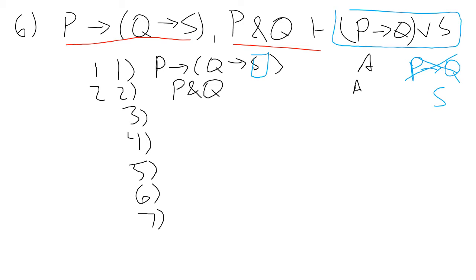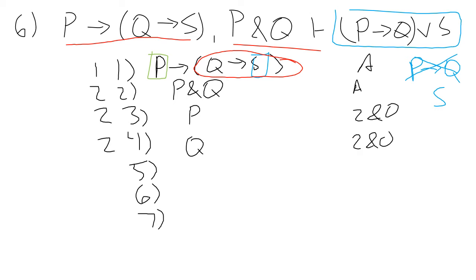The main operator in that statement that includes the S is a conditional statement. So we need its left side. Well, that means the only thing we can do here in the first couple lines of our proof is break up the P and Q in line 2.